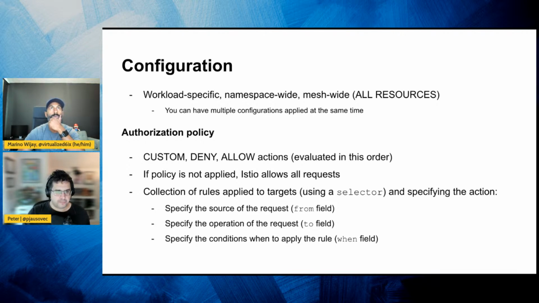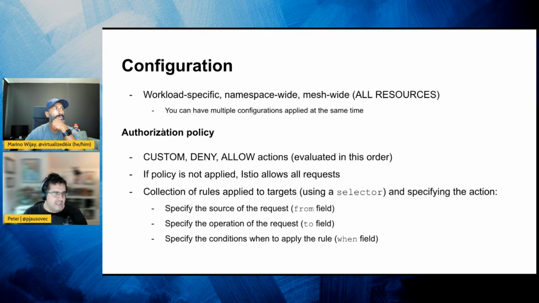And then you can also have multiple configurations of the same type or different type applied at the same time, right? And the way that they get evaluated is from the most specific one, so from the workload one up to the namespace wide and then mesh wide, right?